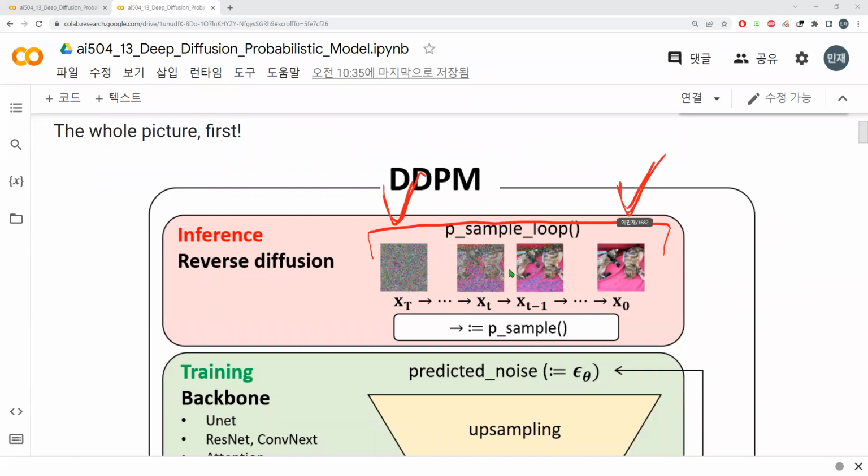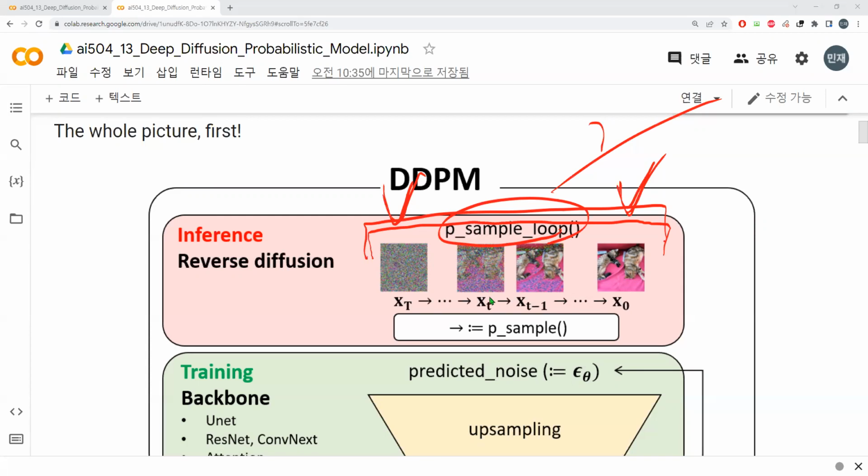Not a real image, a plausible image. And the p sample loop function outputs this trajectory. This p sample loop function is just for making a GIF file for our session. So if you're trying to employ DDPM in your research, just throw it away.